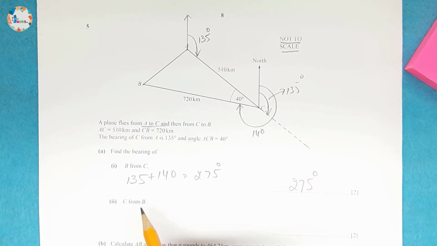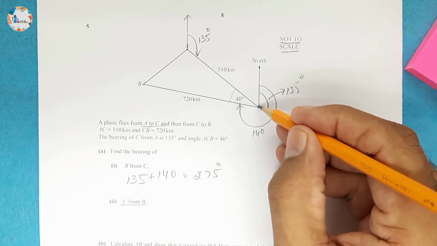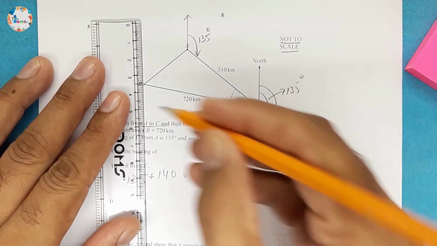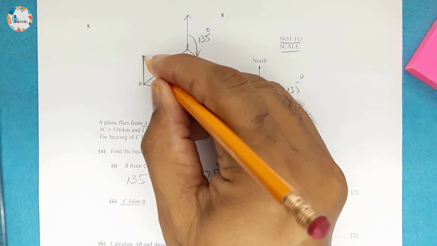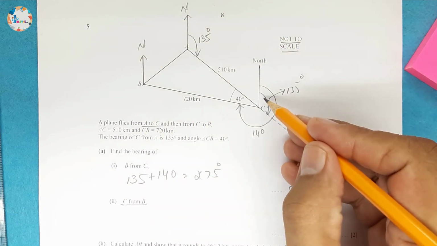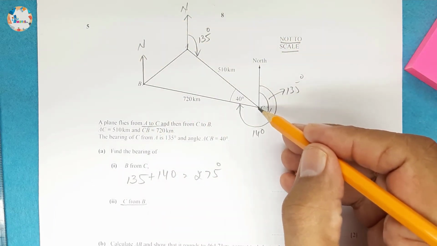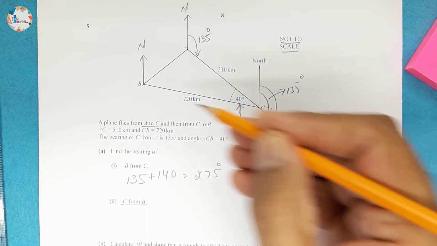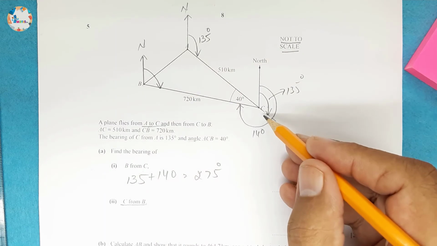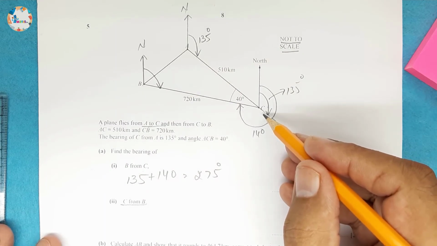Now second part is saying bearing of C from B. So bearing of this C from B, our north will be at B, so we'll draw north like this one. So bearing of C from B will be this angle. So this angle is required.